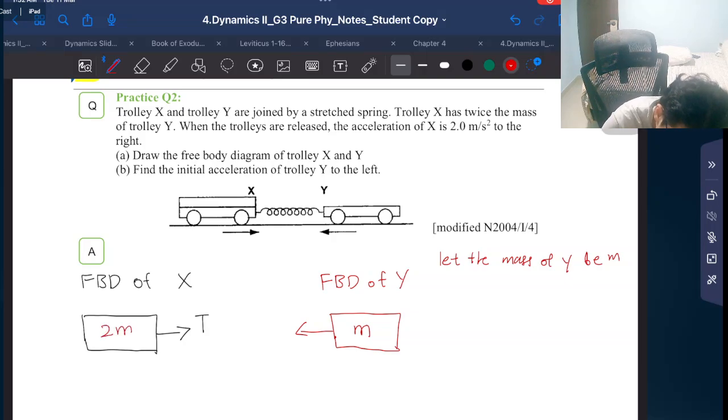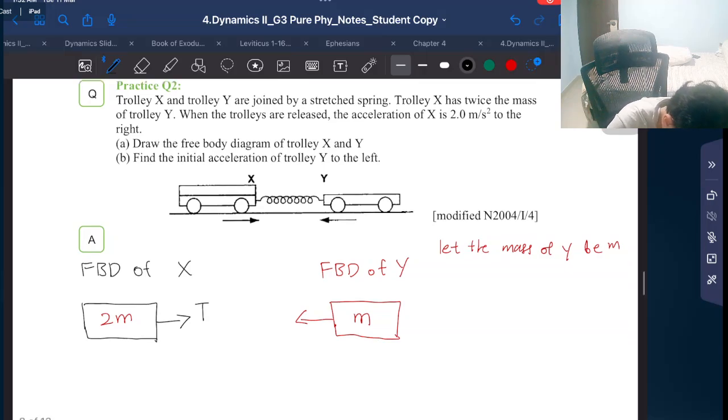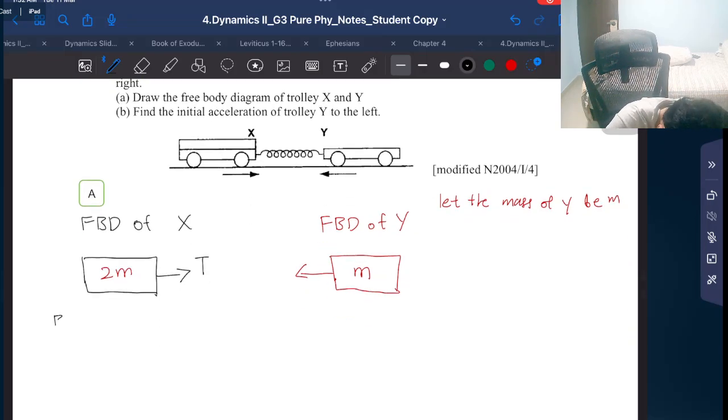Then we recall Newton's second law again. By Newton's second law, A will be equals to F net over mass. So A will be equals to T over 2M.